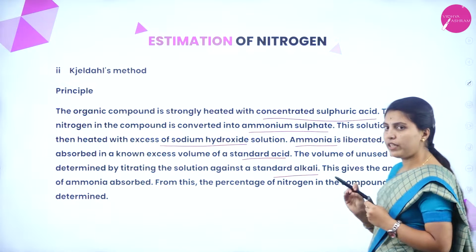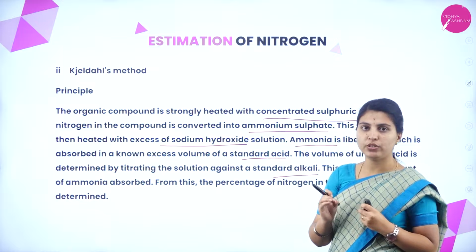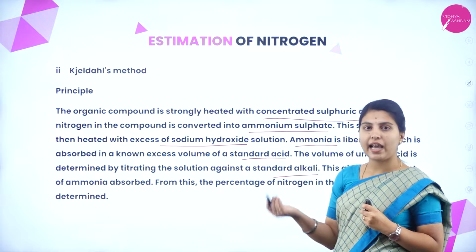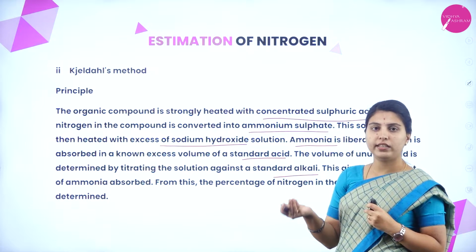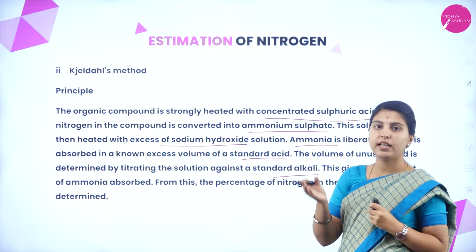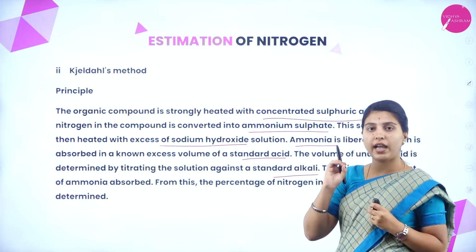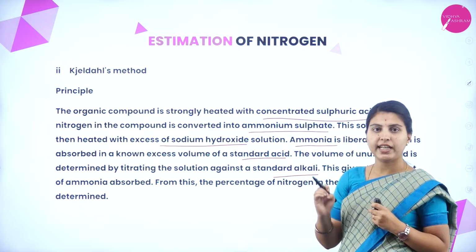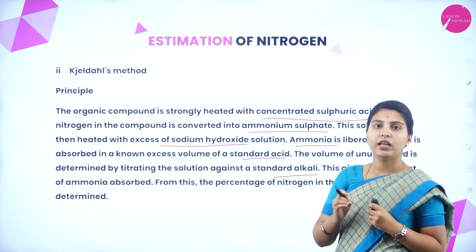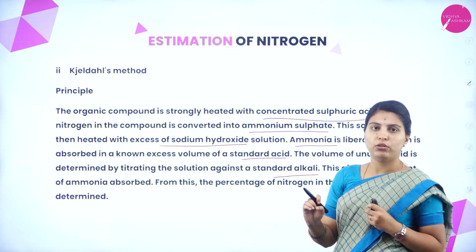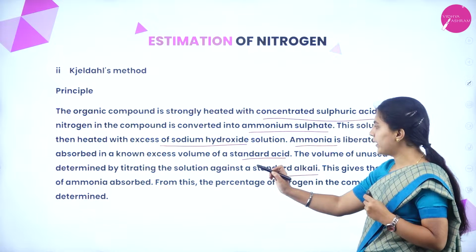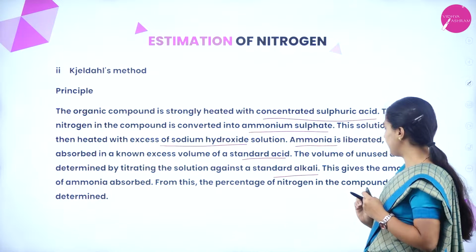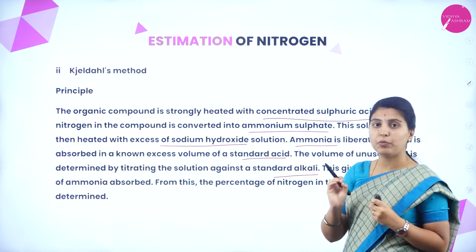Okay. And whatever volume of acid was unused is titrated by an alkali, because in the titration part, how much acid is used will be accurately known. That's why they titrate against the standard alkali. This gives the amount of ammonia absorbed.